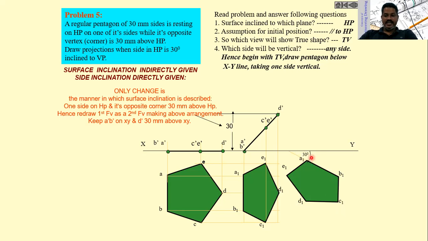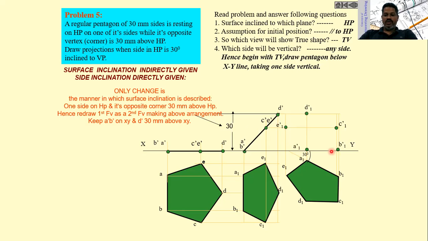Now to get the front view, project all these points up like this, then project the points in the front view of the second step to get the intersection points for the front view of the third condition.